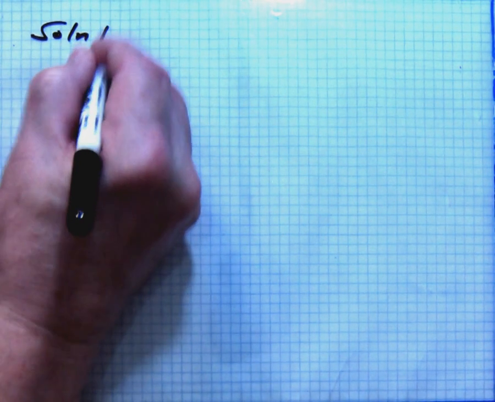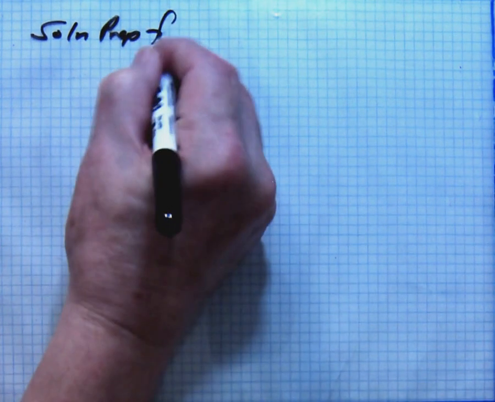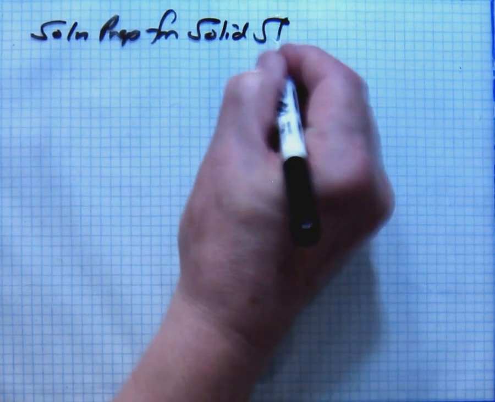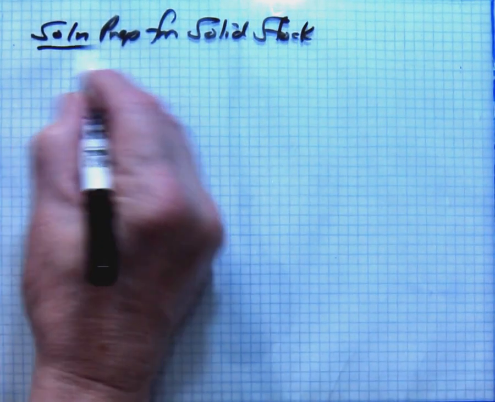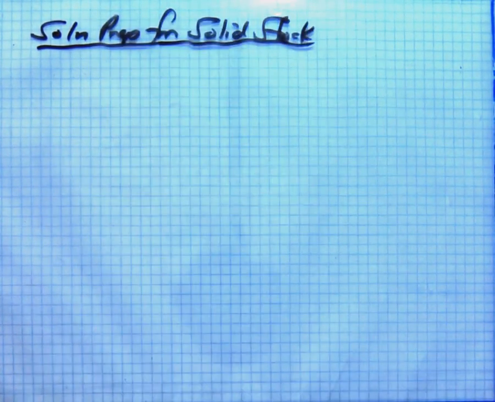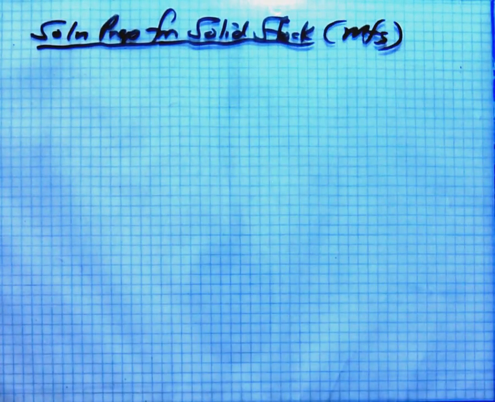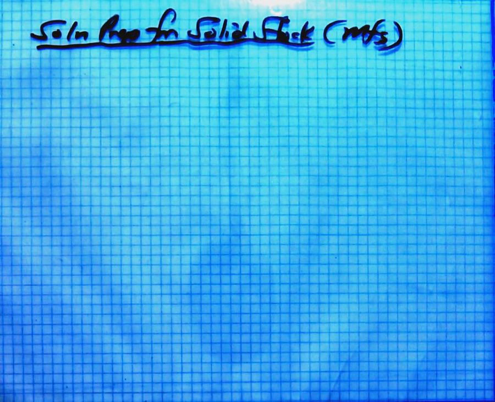Solution prep from solid stock. And of course this refers to the manufacturer's solid stock. So you go to the stock room, you pull potassium nitrate or potassium permanganate, or whatever you're trying to make a solution of, and you scrape some out into water and you dissolve. And that mechanically is how you make a solution.